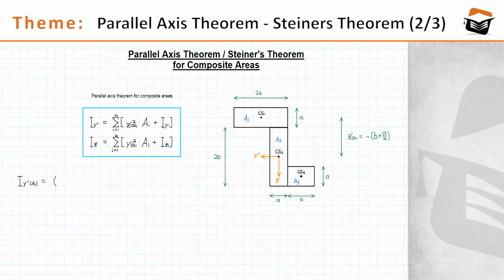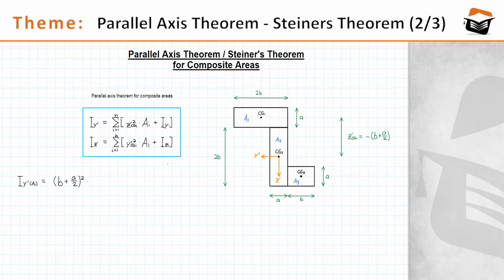So we're looking at this formula for the first partial rectangle. So z prime cg1 squared would be b plus a half squared times a, the area of the first partial rectangle, and that is just a piece of cake.